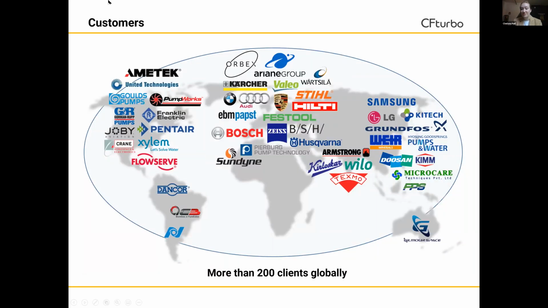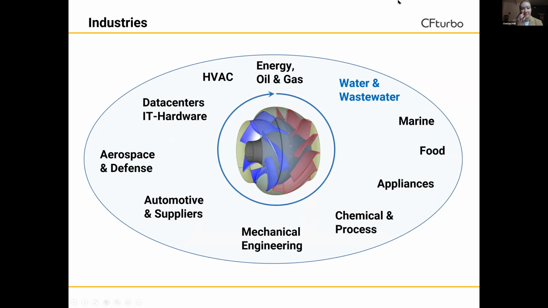We have more than 200 clients globally. Here in the States, in North America, we have Amatec, Gold's Pumps, Asylum, Joby Aviation, and elsewhere we have Bosch, BMW, Samsung, Wilo, etc. Our CFturbo software is used for a number of different industries.